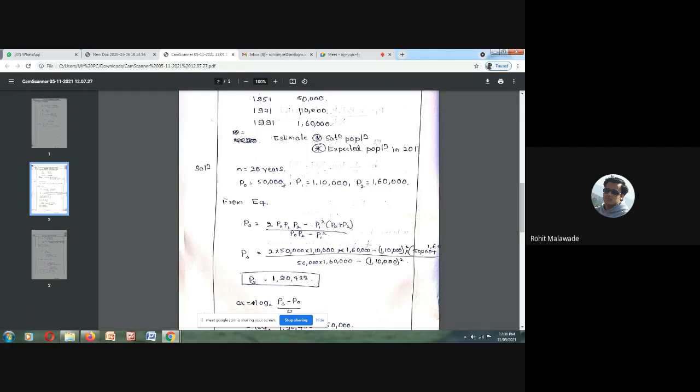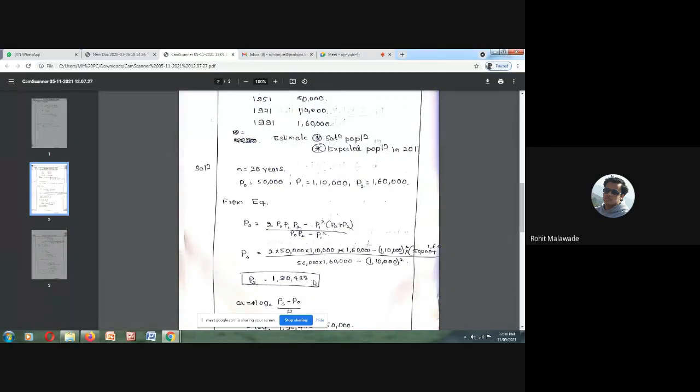Now we just need to substitute these values in this formula. P naught is 50,000, P1 is 1,10,000, and P2 is 1,60,000, so we have put them in.